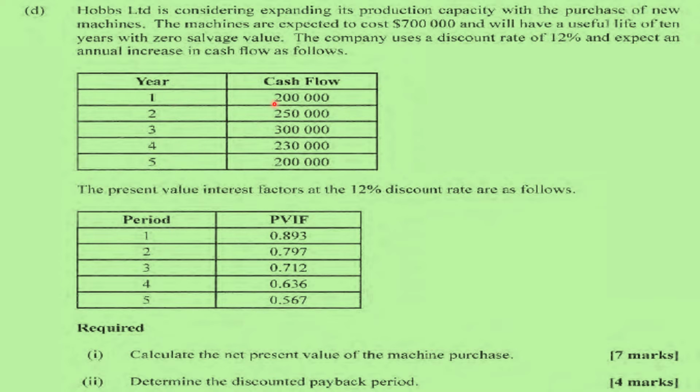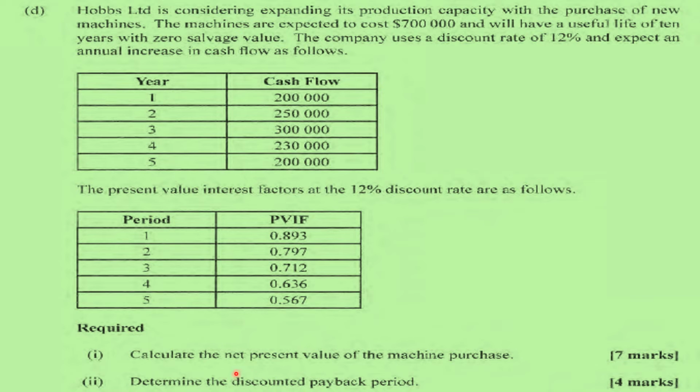Okay, so we are given cash flows, and this question would be different if you were given net income. And we have the present value factor here. Okay, 12%, the rate is 12%. So it's a straightforward question to calculate the NPV and the discounted payback period.